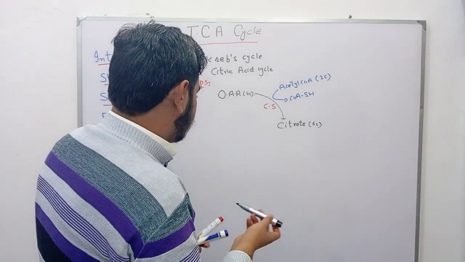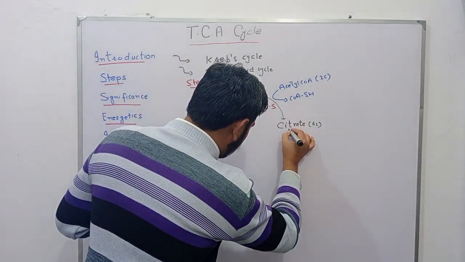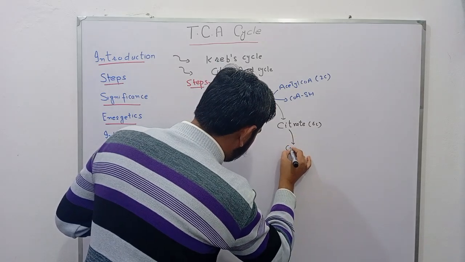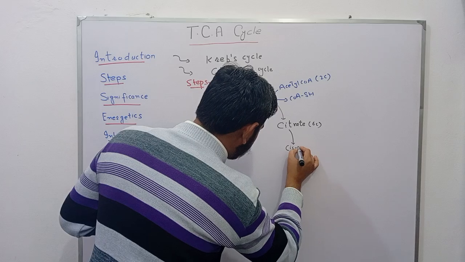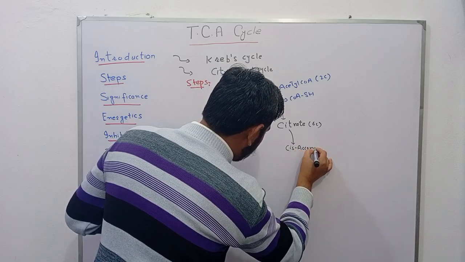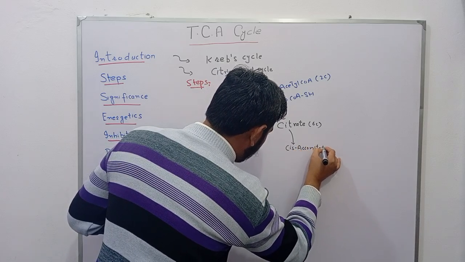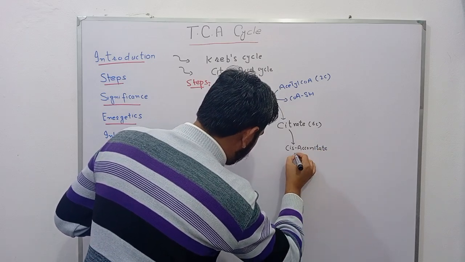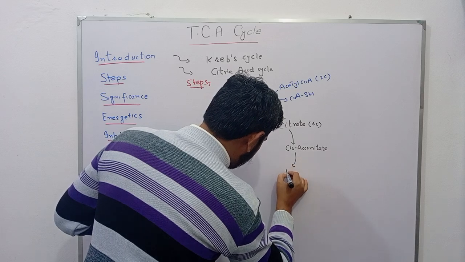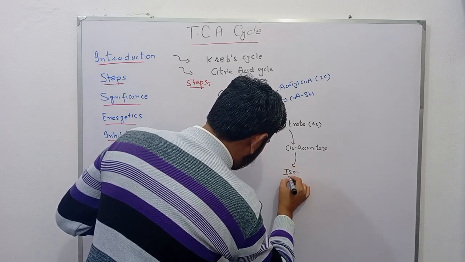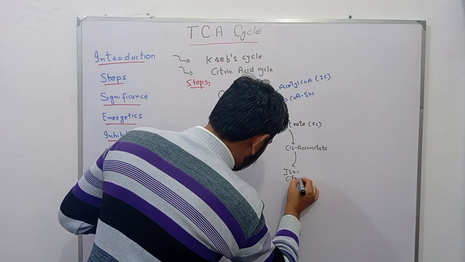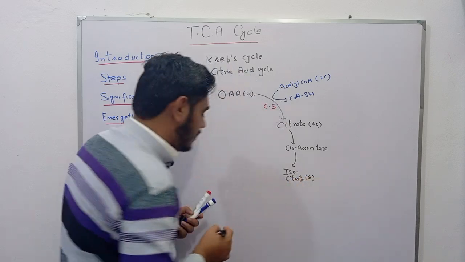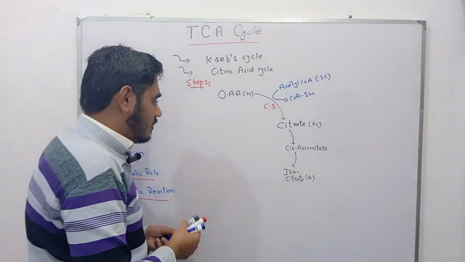In the next reaction, it converts into cis-aconitate, and ultimately it converts into isocitrate, a 6 carbon atom containing compound.